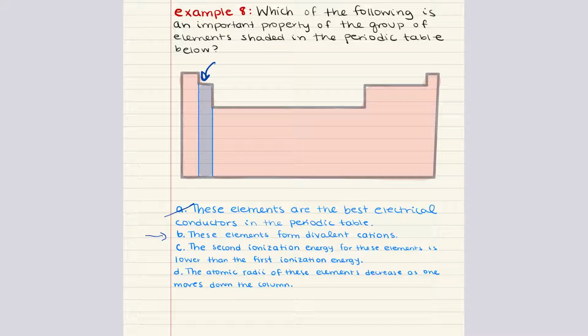So option C is totally incorrect. We're going to go ahead and eliminate it. Then answer choice D says that the atomic radii of these elements decreases as one moves down the column.